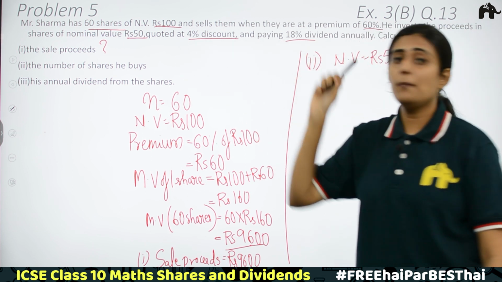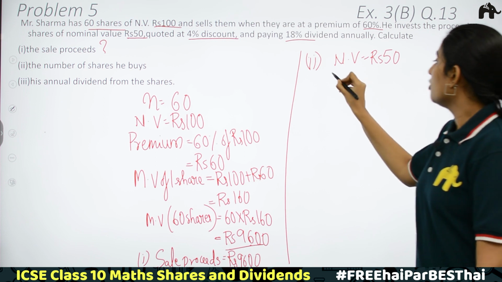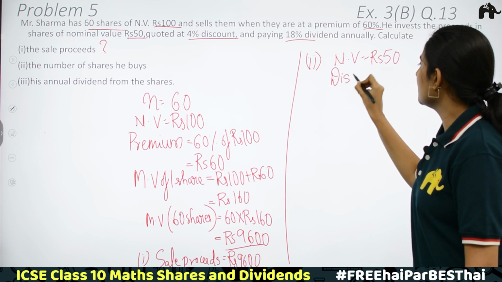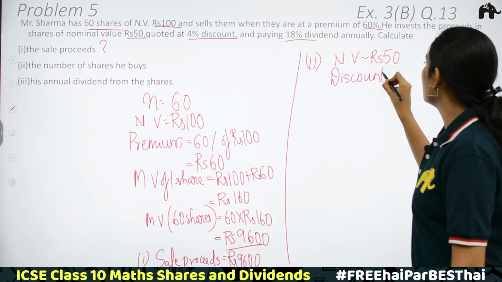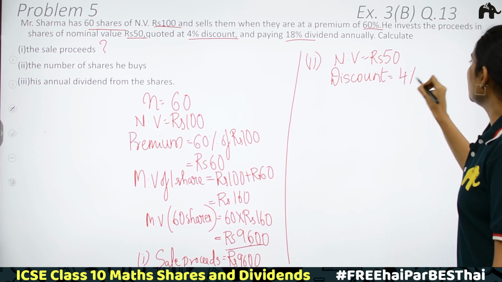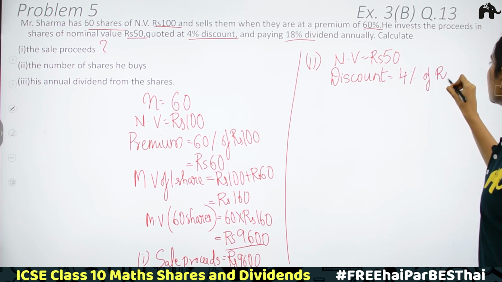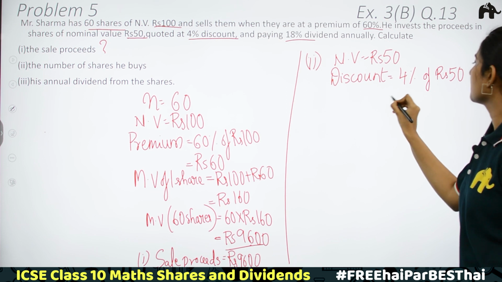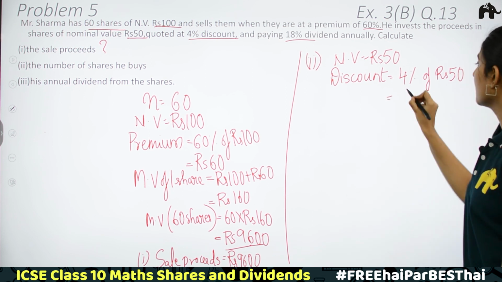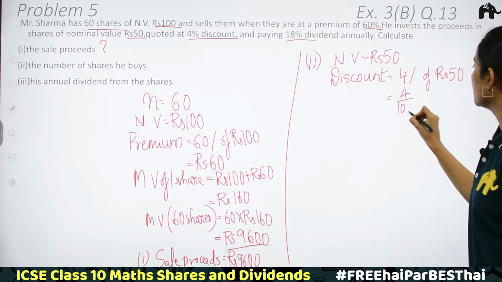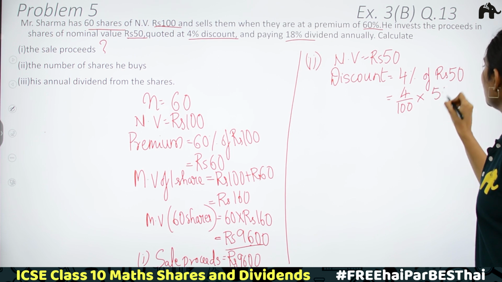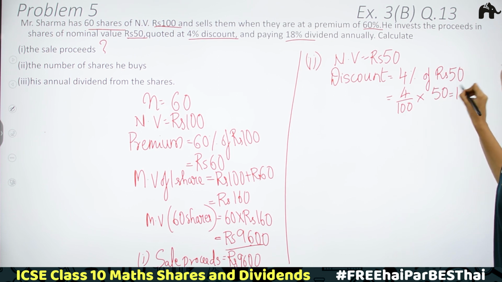Quoted at 4% discount. What is the discount then? Discount is equal to 4% of rupees 50. That is 4 by 100 into 50 equal to rupees 2.